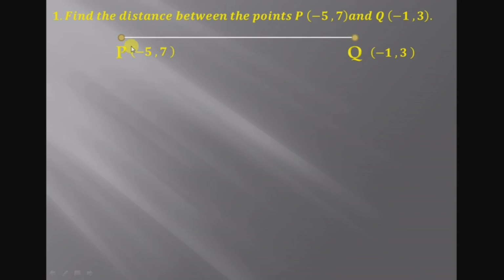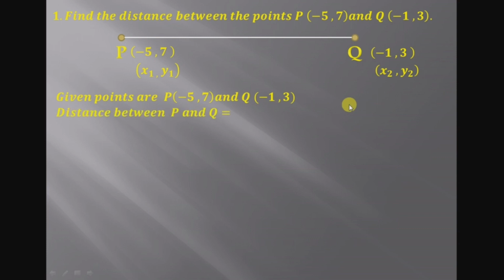We need to find the distance between P and Q. So for that we consider the coordinates of P as x1, y1 and the coordinates of Q as x2, y2. The distance between P and Q is given by the formula square root of (x2 minus x1) whole square plus (y2 minus y1) whole square.